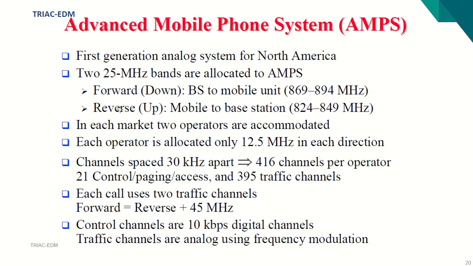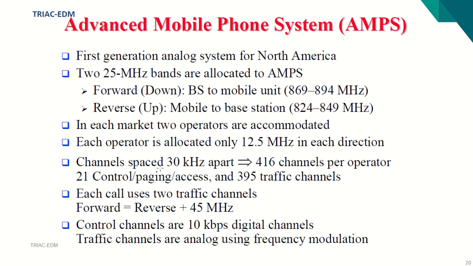The reverse, which we call uplink communication, is mobile to base station. It's 824 to 849 megahertz. In each market, two operators are accommodated, and each operator is allocated only 12.5 megahertz in each direction.